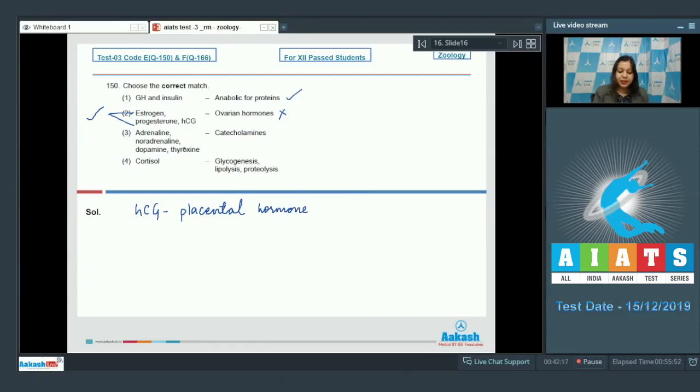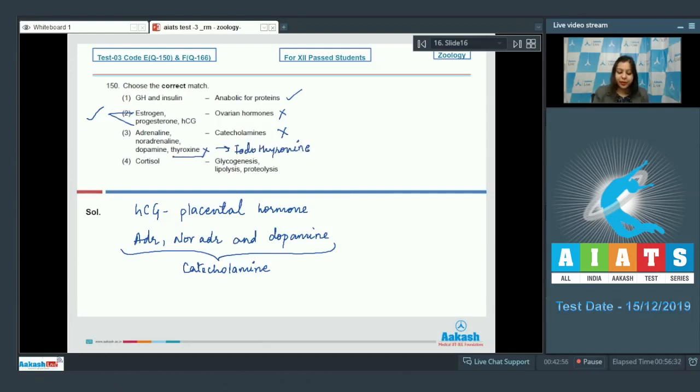So this is incorrect. Number 3, adrenaline, noradrenaline, dopamine and thyroxine are catecholamines. This is also incorrect as adrenaline, noradrenaline and dopamine are catecholamines, but thyroxine is not a catecholamine. It is an iodothyronine.